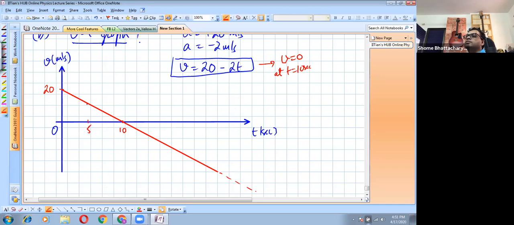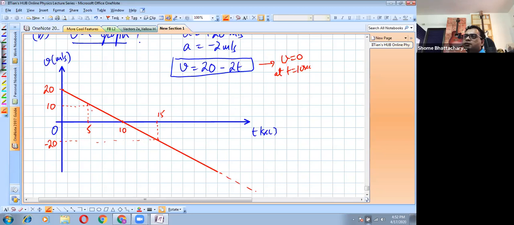You can see that at 5, the velocity is 20 minus 2 into 5, so it's plus 10. Whereas at 15, you will see the velocity will become how much? 20 minus 2 into 15, so that's 20 minus 30, so it will become minus 10.